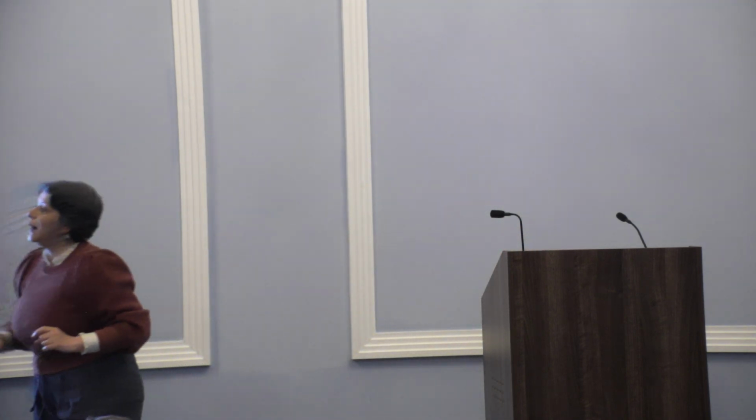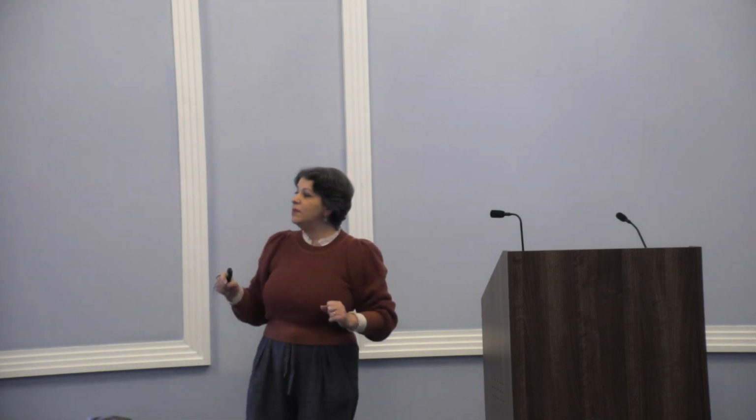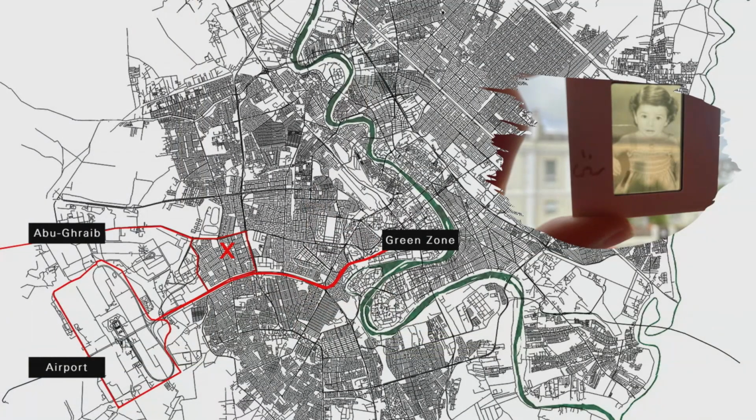I was born in Amriya. It's one of the places that during the 70s, big plots of land on the edge of the city then, but now they became part of the city, were given to academics.